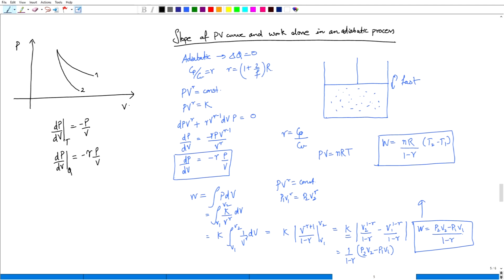So from that you can understand which slope is more steep. Here the gamma factor is multiplying, and gamma is greater than 1, therefore the slope for adiabatic process is more steep.